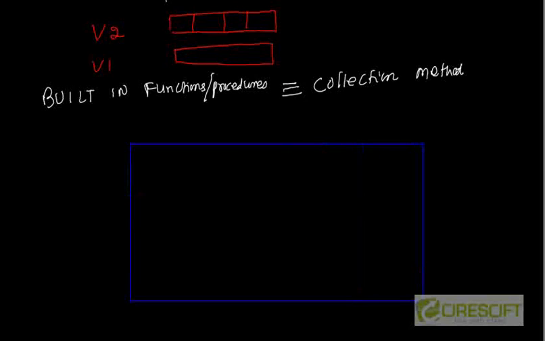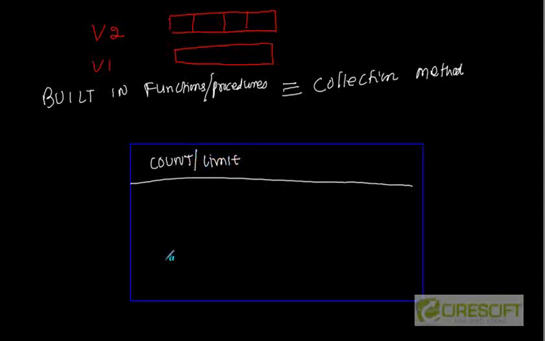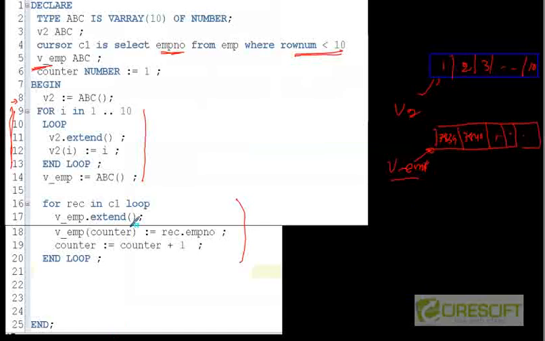The first one is count or limit. Let's take an example. In this case I have v2 as 1 to 10. If I do v2.count, it will give me the number of elements in that VARRAY.